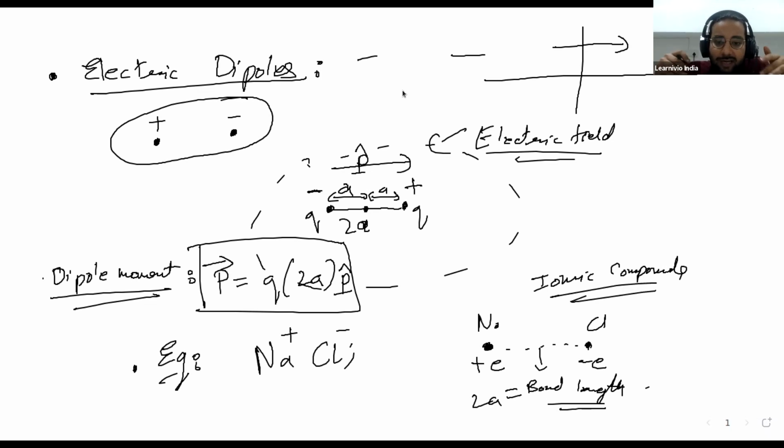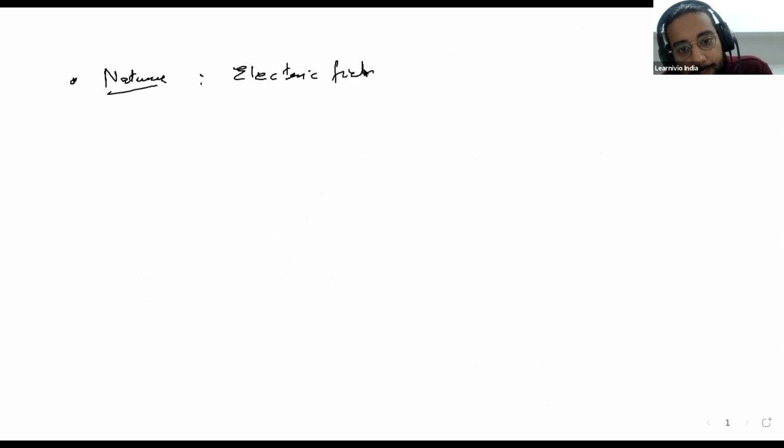Now, when I talk about the nature of a dipole or the nature of a monopole, for example, a charge, what do I essentially mean? What I mean by the nature is essentially how the electric field behaves, the electric field behavior.